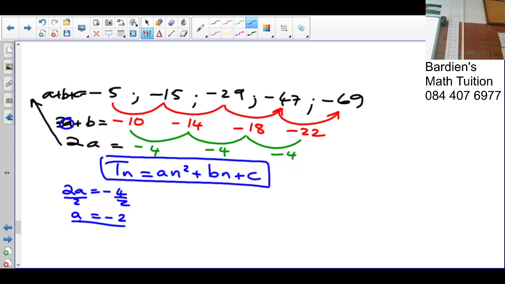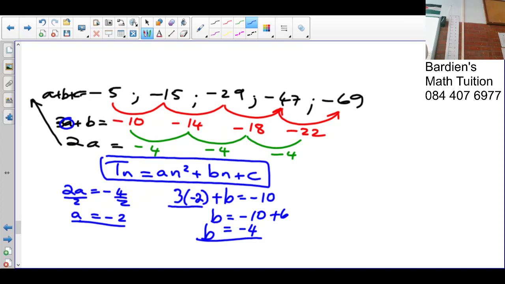So what do we have now? 3 times negative 2 plus b is equal to negative 10. Okay? So that's going to give us negative 6. So b is going to be negative 10 plus 6, which is negative 4. That's how we get b.